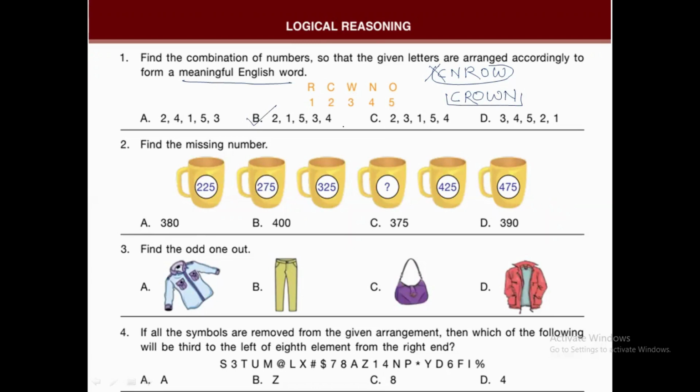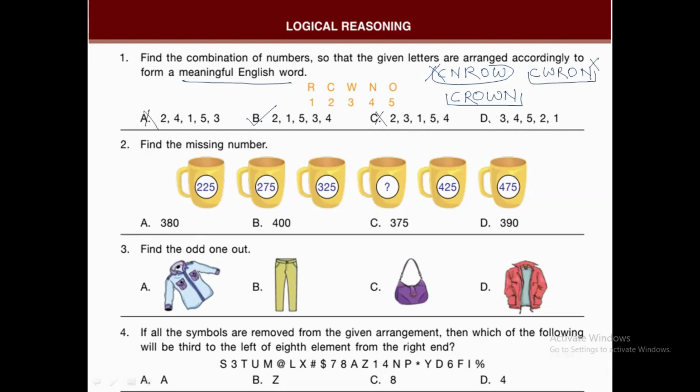Let's move to option C. Here 2 represents C, then 3 is for W, 1 is for R, 5 is for O and 4 is for N. The word here is CWRON, that is not a word, so option C cannot be our correct answer.